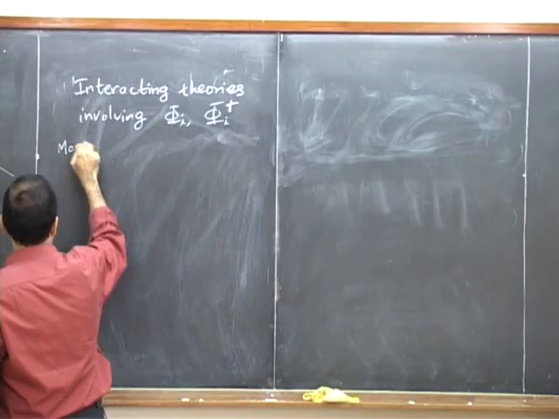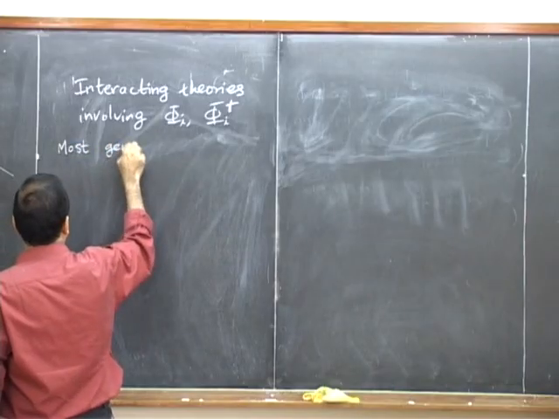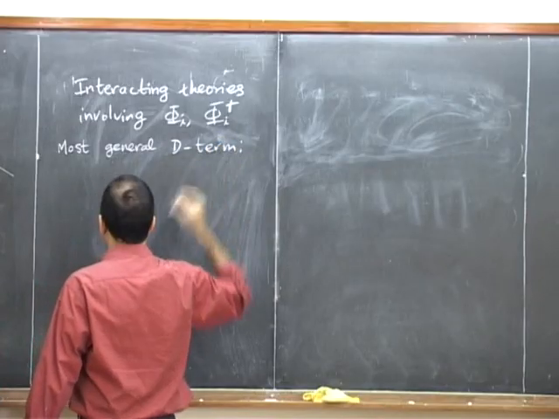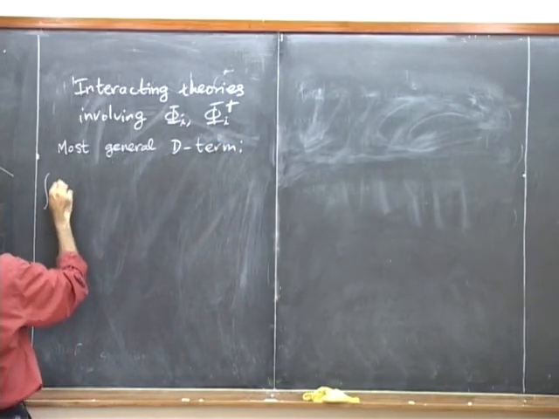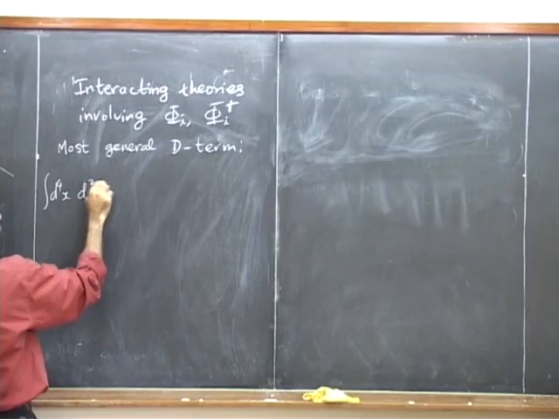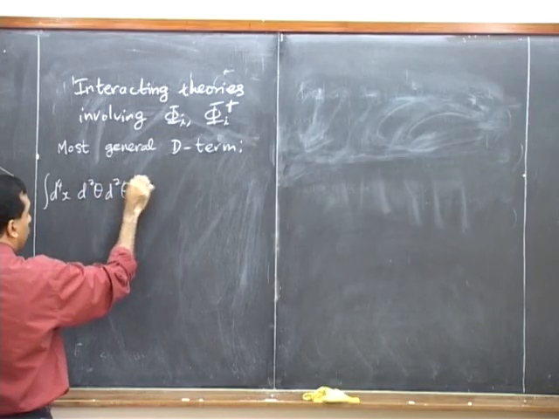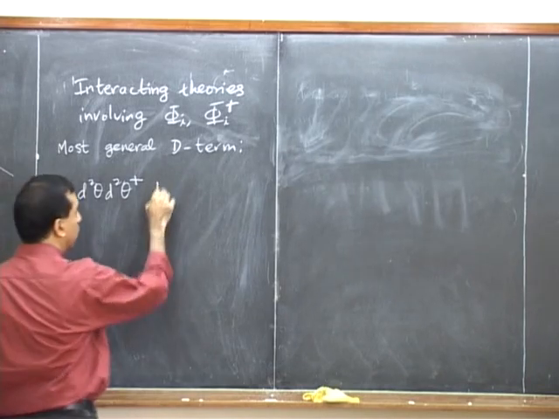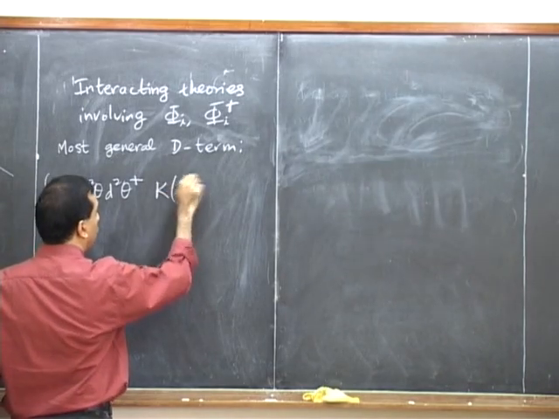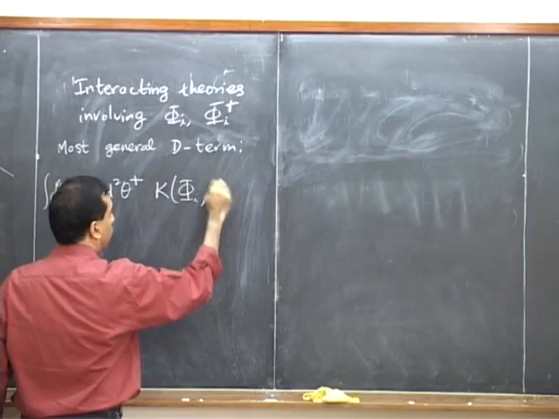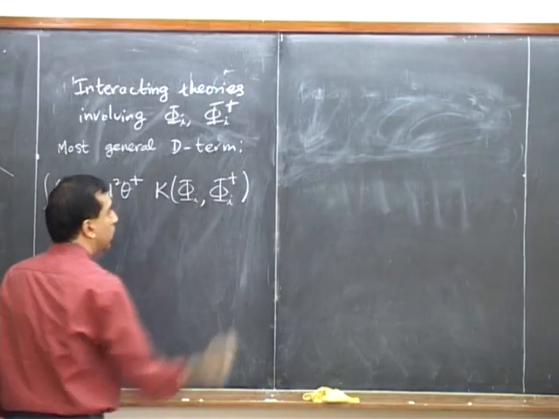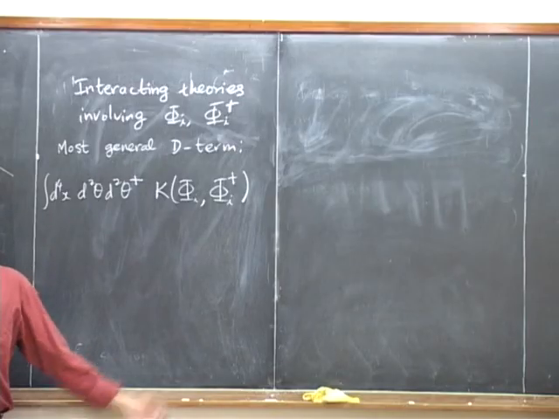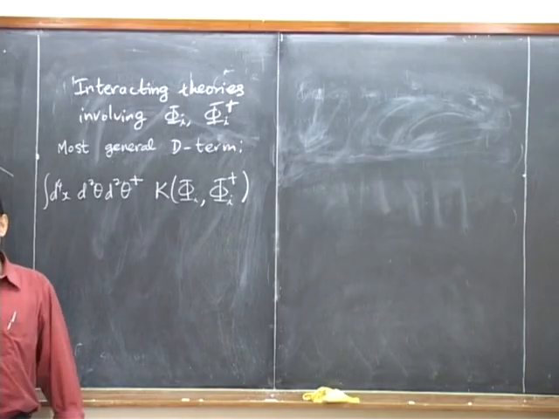So here's the most general D term. It's actually painfully simple. It has to be like this, and it has to be a function of phi and phi dagger, of all of them. And that's the answer. Any function of phi and phi dagger, as long as it's real.